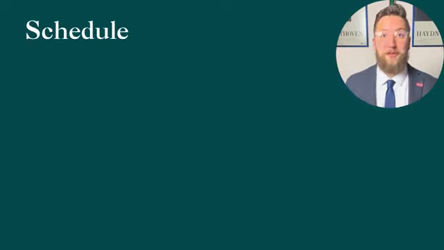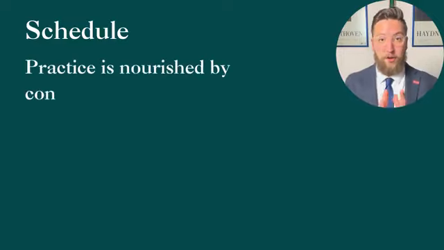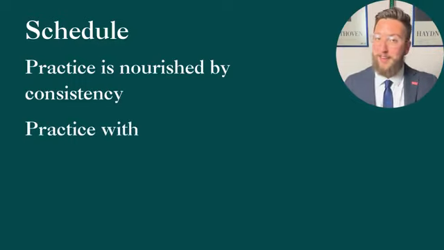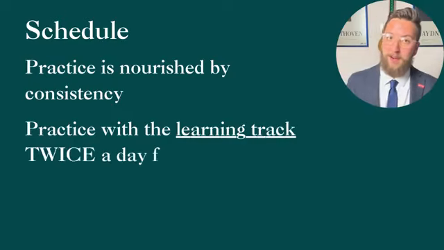Now, when it comes to practicing, the first step is schedule. Schedule is the first step of practice because practice is nourished by consistency. So choose a song, and for the first week, I want you to practice the song twice a day. Follow along with the practice track, singing it back along with the cues, and do that twice a day for every day of the week.